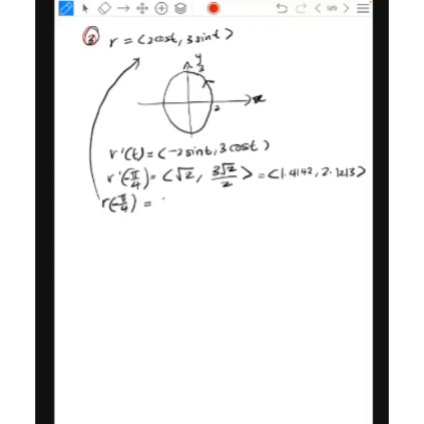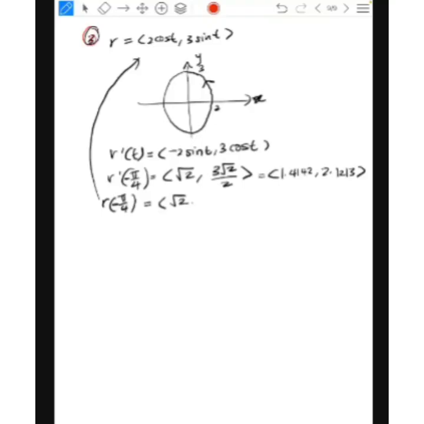Square root 2, negative 3 square root 2. So basically 1.4 and negative 2.1.